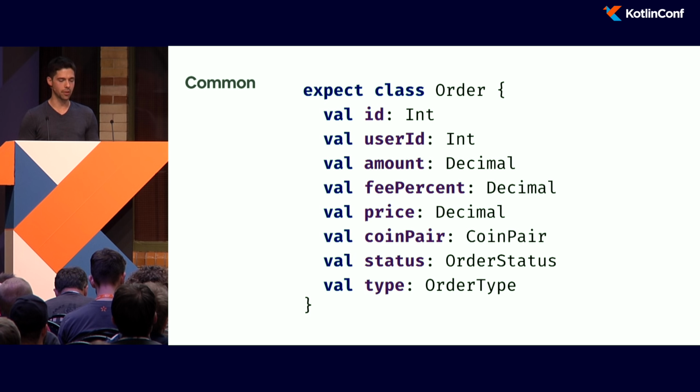So imagine you're building an e-commerce website, right? And they have an order object, and you have IDs, and you have amounts for the prices. This is actually taken from a side project that I have related to cryptocurrency, so I have a coin pair there. It probably doesn't make a lot of sense in an isolated context, but it's just one example.